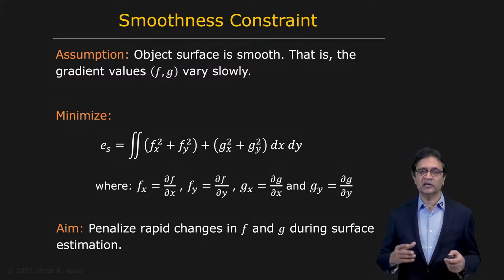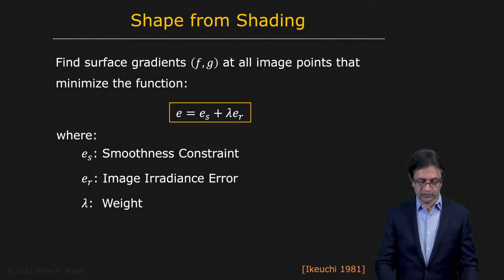All right, so now we are ready to formulate our shape from shading problem. What is the problem? We're going to say that we have an error that we want to minimize. We want to find the fg values at all points in the image that are going to minimize this error. And this error has two components, a smoothness constraint term and the image irradiance error term.